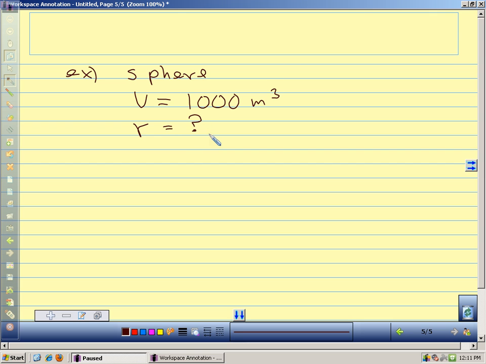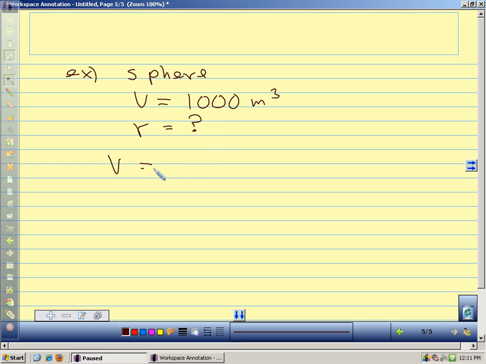And we want to know the radius. So this is like our problems with our cylinders, with our pyramids, where we have one part of our formula and we need to figure out the other. So we're going to plug in what we know and solve for what we don't know.